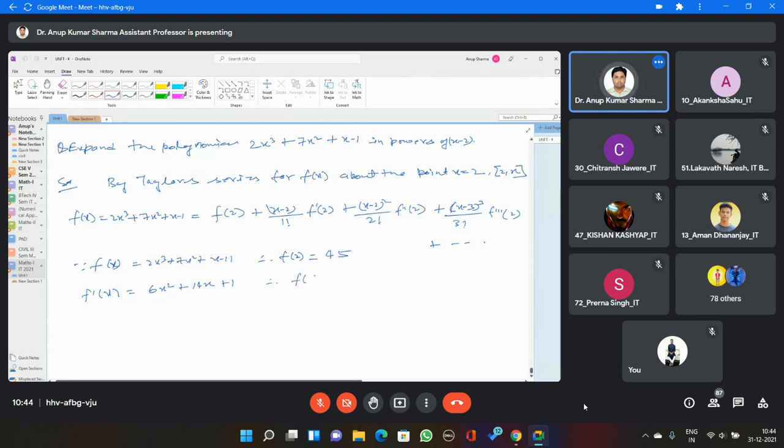Therefore f dash of 2, after calculation, is 53. f double dash of x is 12x plus 14 only. Therefore f double dash of 2 is equal to 38.